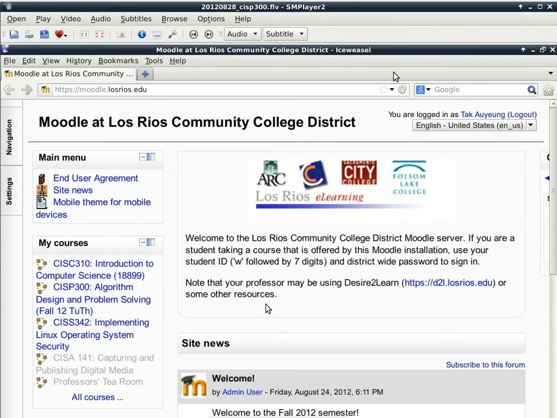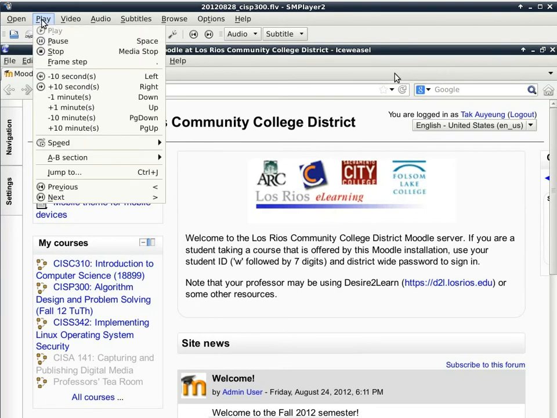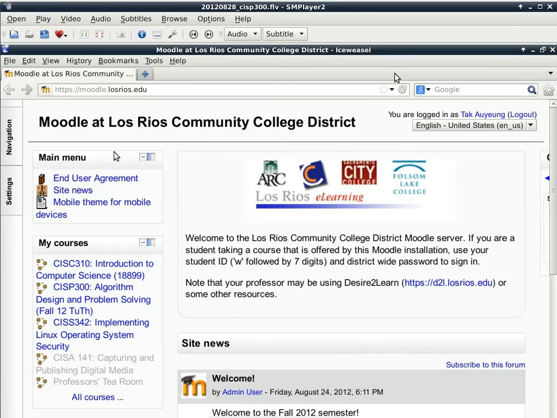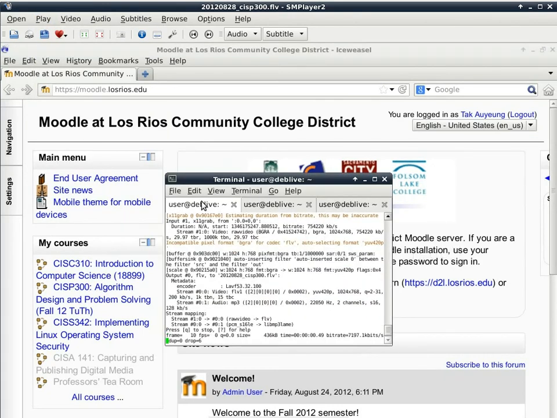And this is the player playing what was at the beginning of the recording. I can't get to the control though. Where's the control? I suppose I can use page down.